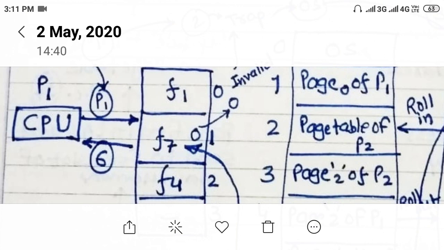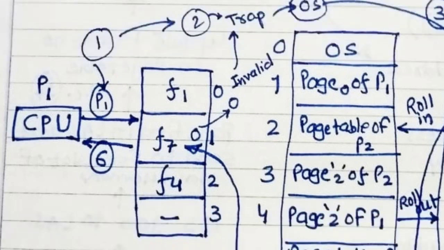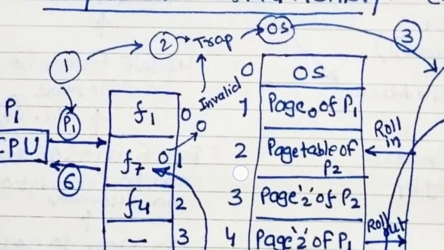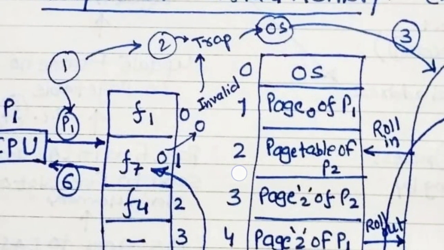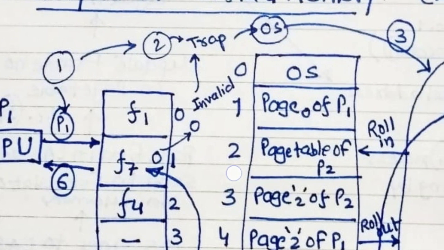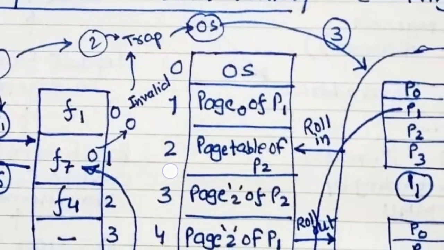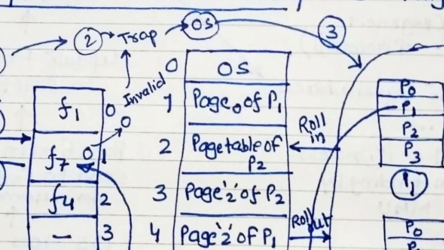So a trap is generated and an interrupt occurs. Part 2 is the invalid or trap state. Next, at that time control goes to the operating system from the user.